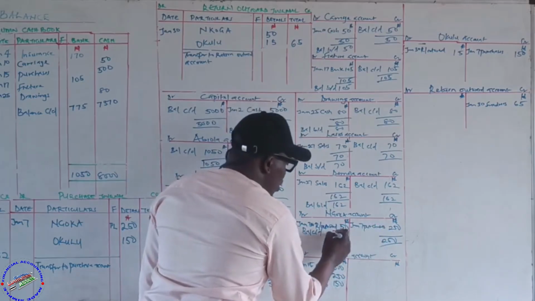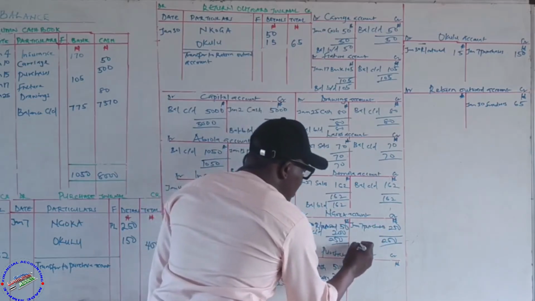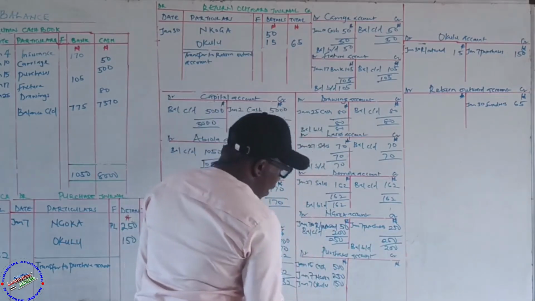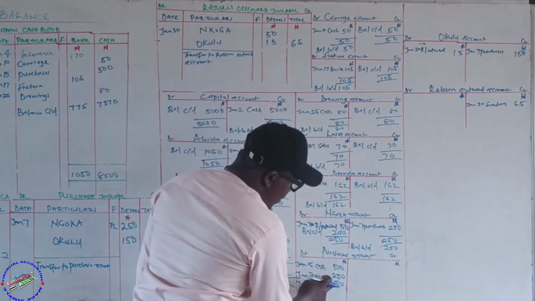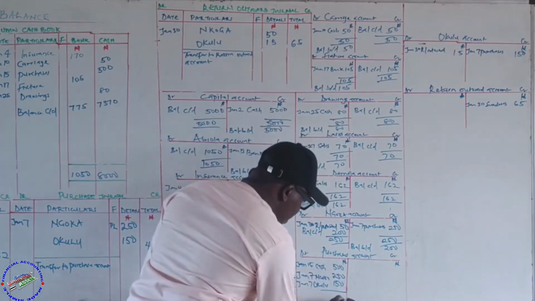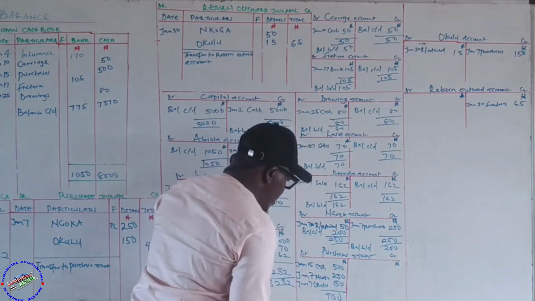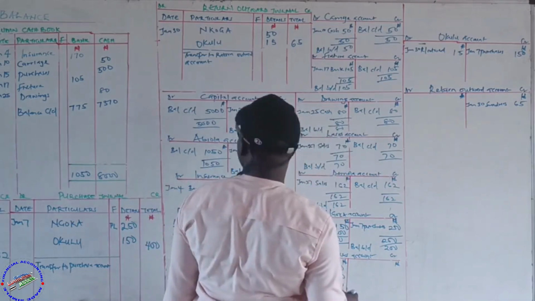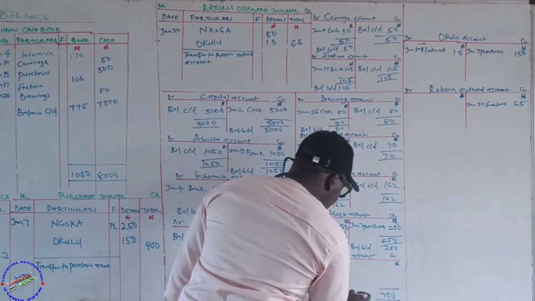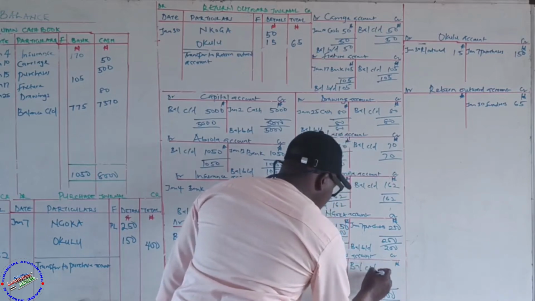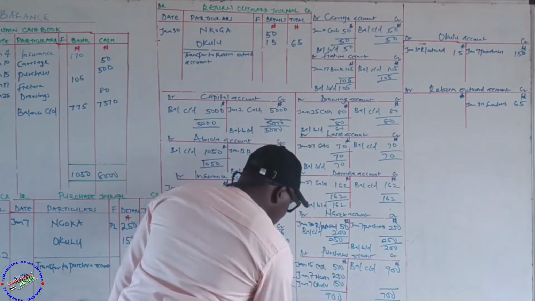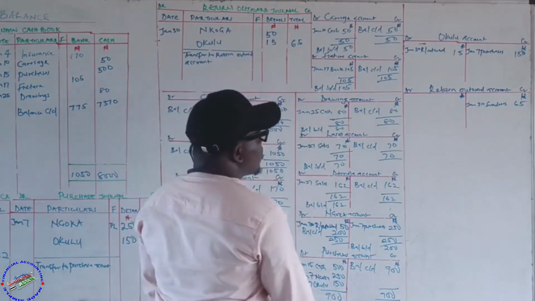So we have 200. So our balance BD is 200. For our purchases, we have 250, 150, which gives us 400, plus 500. That is 900. So our balance CD is 900. Our balance BD is 900.